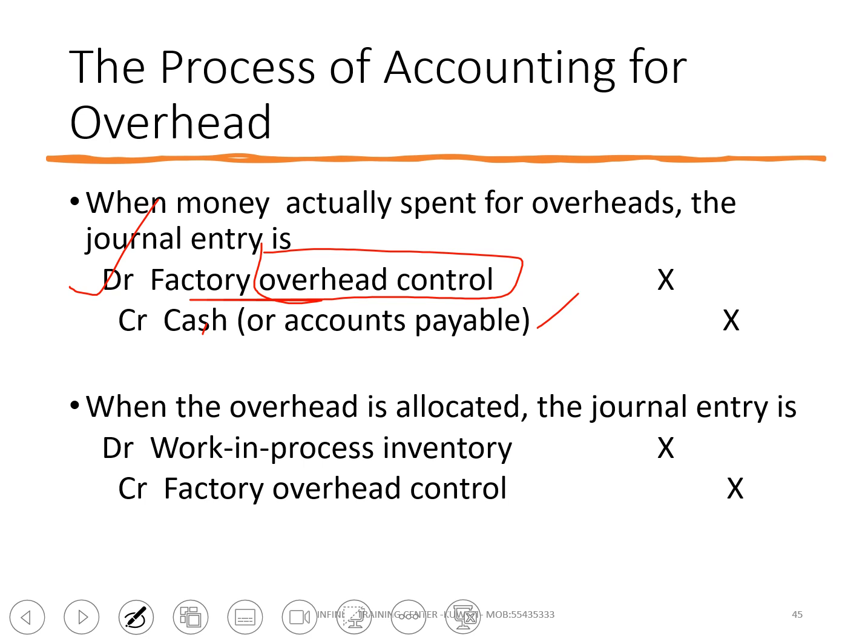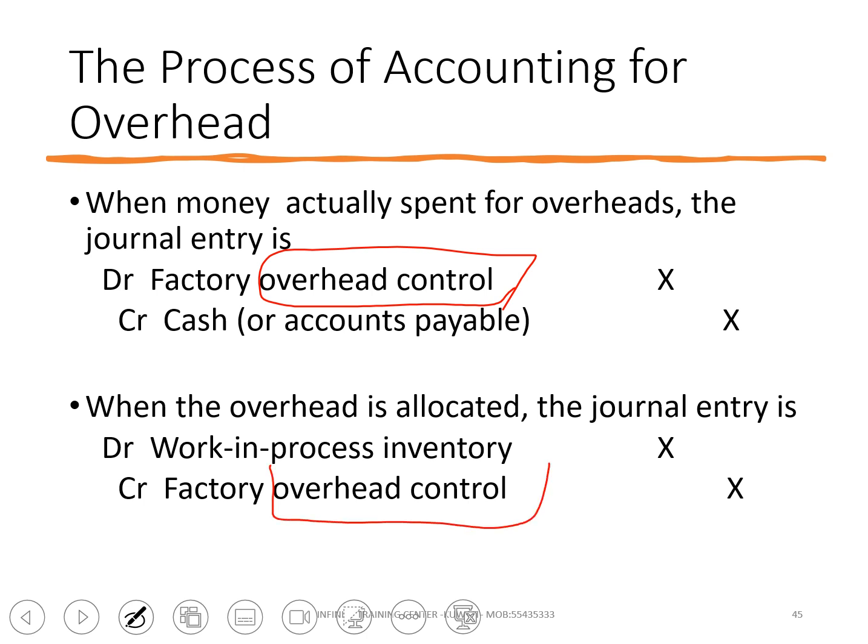And when you are applying this cost from the overhead control account to work in progress, you will debit work in progress and credit the overhead control account. Now you can see there is a debit in the overhead control account when you are actually paying, and a credit in the overhead control account when you are applying the POR.